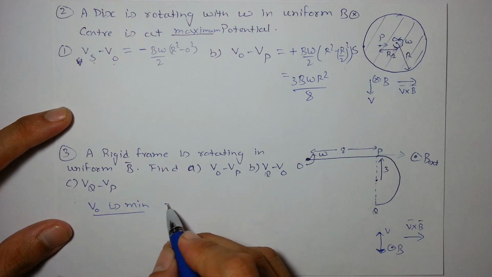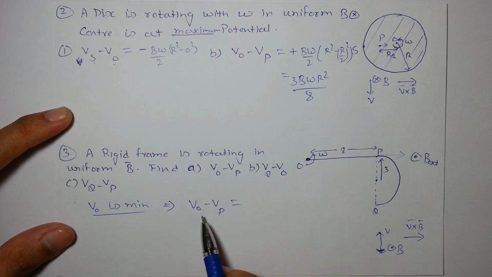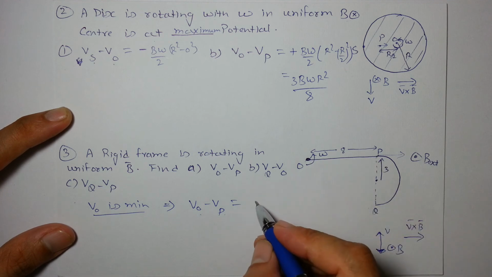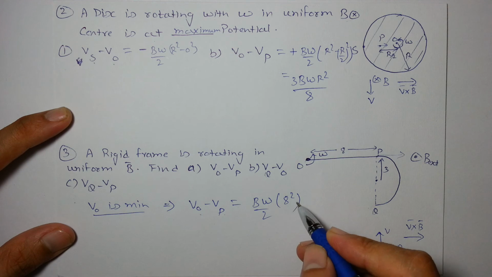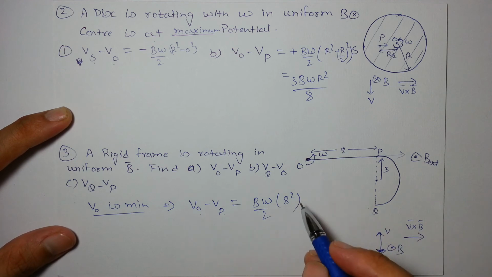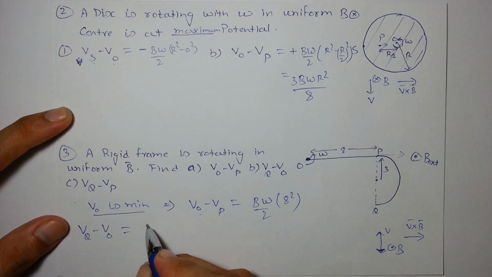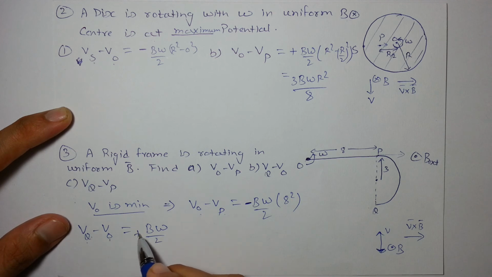So Vo minus Vp first of all will be negative. The distance from O to P is 8, so this is B omega by 2 times 8 square, and the other term will be 0 because O is the axis. And Vq minus Vo is B omega by 2, and the term will obviously be positive.